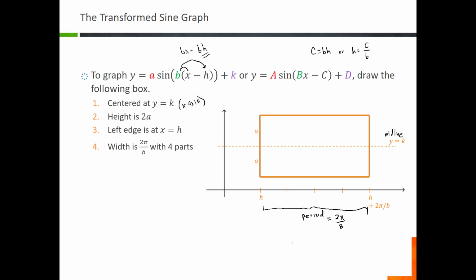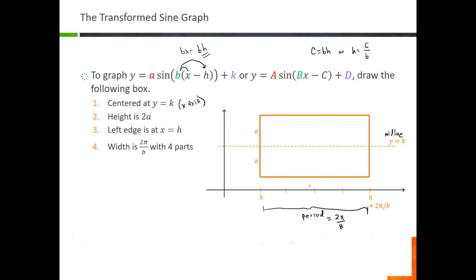Then we can also divide up our box into 4 parts, which I've shown down here on the x-axis. There are 1, 2, 3, 4 little sections between the left and the right endpoint. Why are these 4 little parts important?